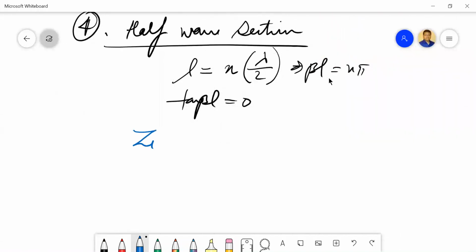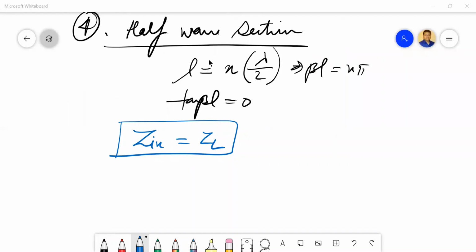Zin will be ZL. It means that if you take a lambda by 2 transmission line, depending on ZL, the same value will appear at the input side, which is Zin. So a half wave lossless line transfers the load impedance to the input terminals without any change. This is one of the very important outcomes.